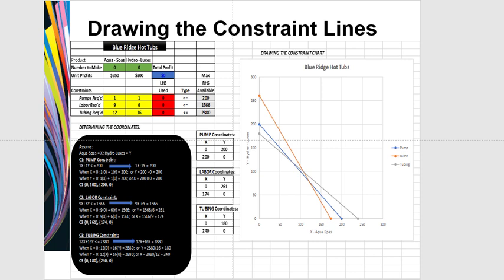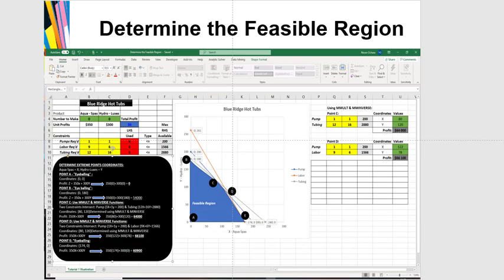And after this, that's the first step for determining the graphical solution: draw the constraint lines. Then the next stage is to determine the feasible region of the lines that you have drawn. And that we will demonstrate and show that it should look something like this.